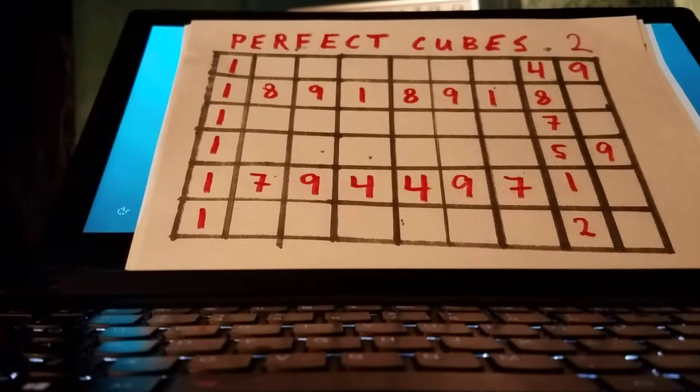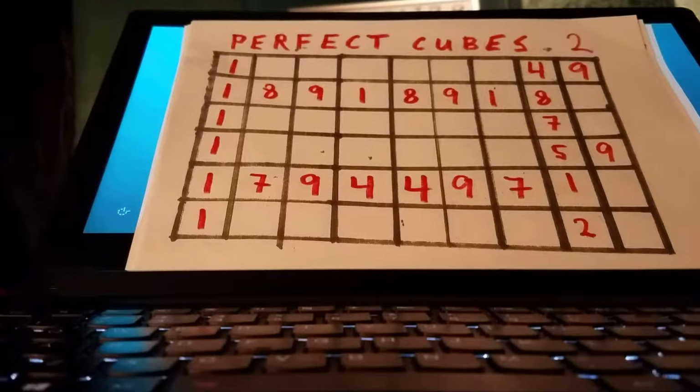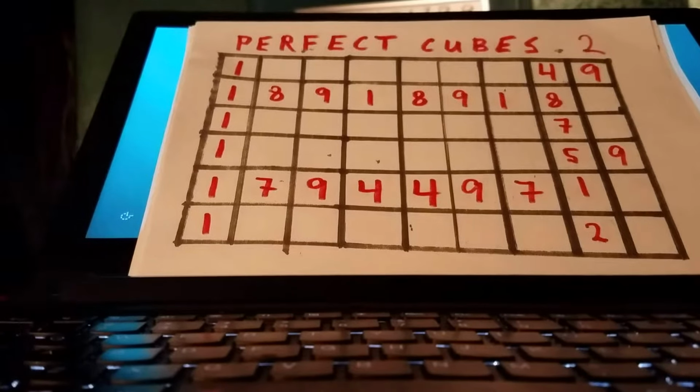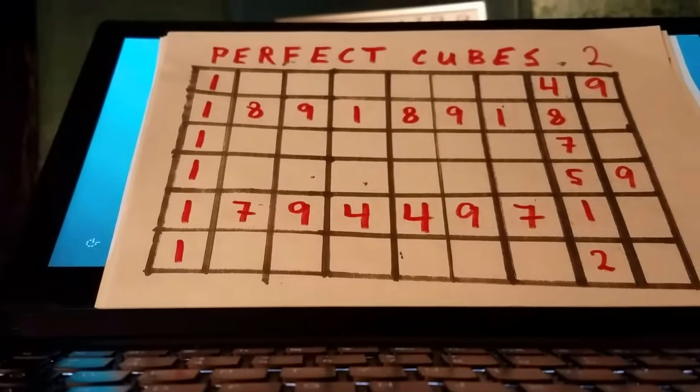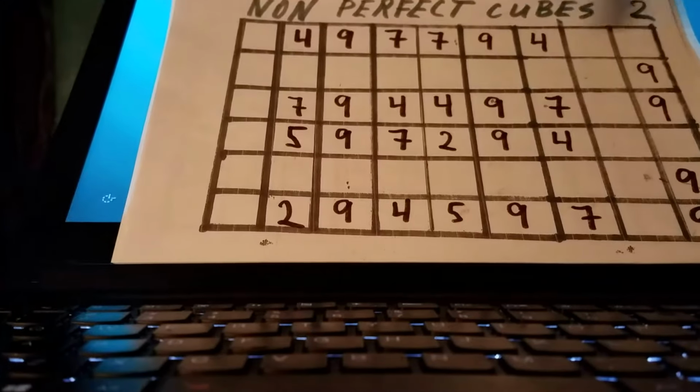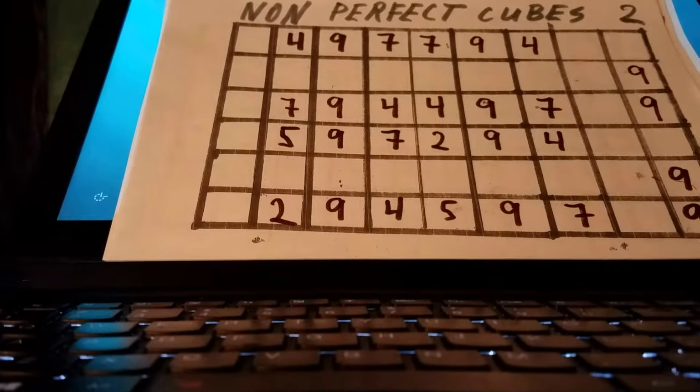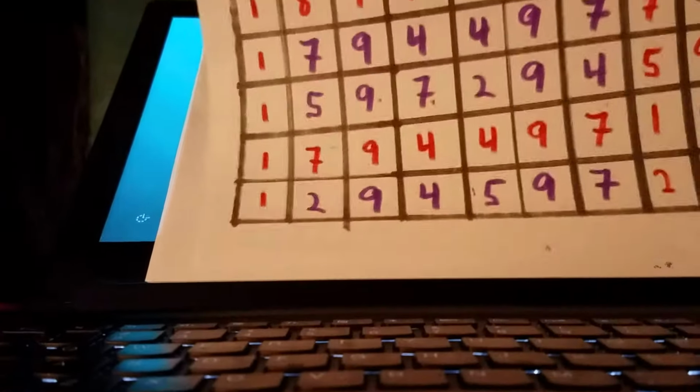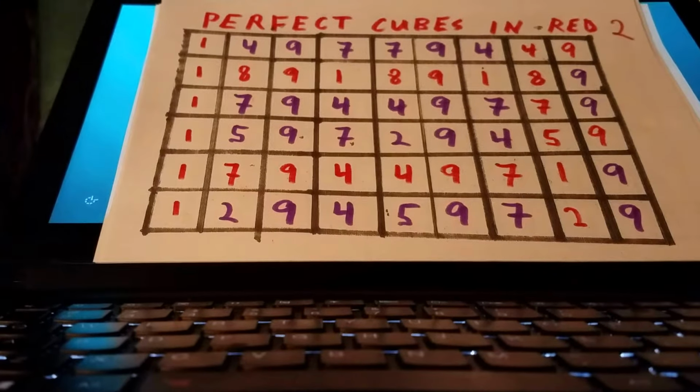So I would say something is moved just one notch. Even though these numbers are getting bigger and bigger, we're just making a slight dent in the calculations. This is what the non-perfect cubes look like, and if we put them together, this is what the perfect cubes look like.